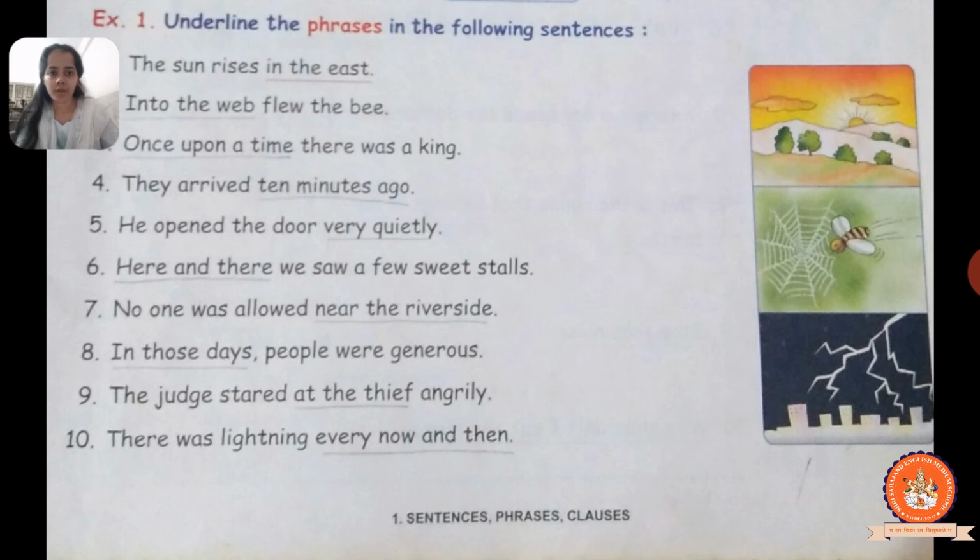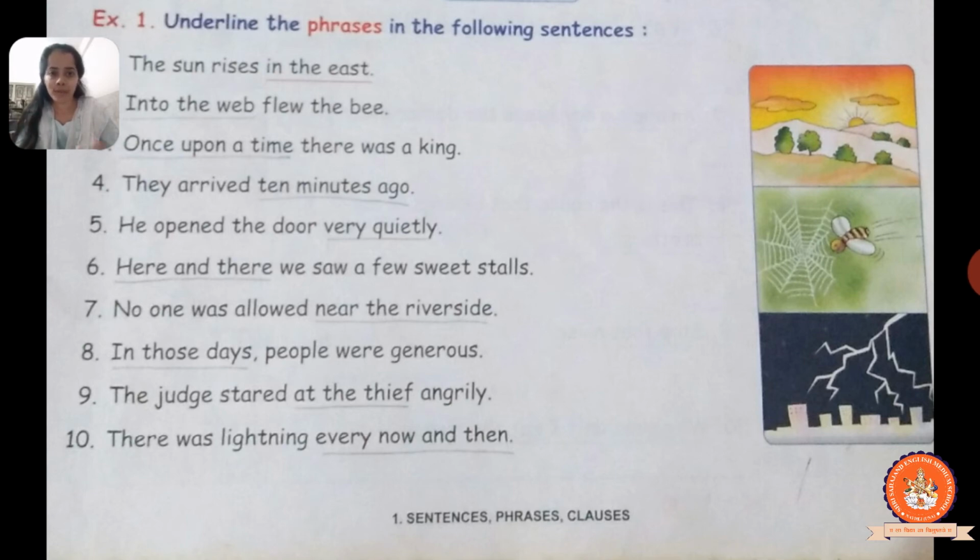Then next one, no one was allowed near the riverside. So no one was allowed where? Near the riverside. So near the riverside is the phrase. Then next one, in those days people were generous. People were generous during which time?